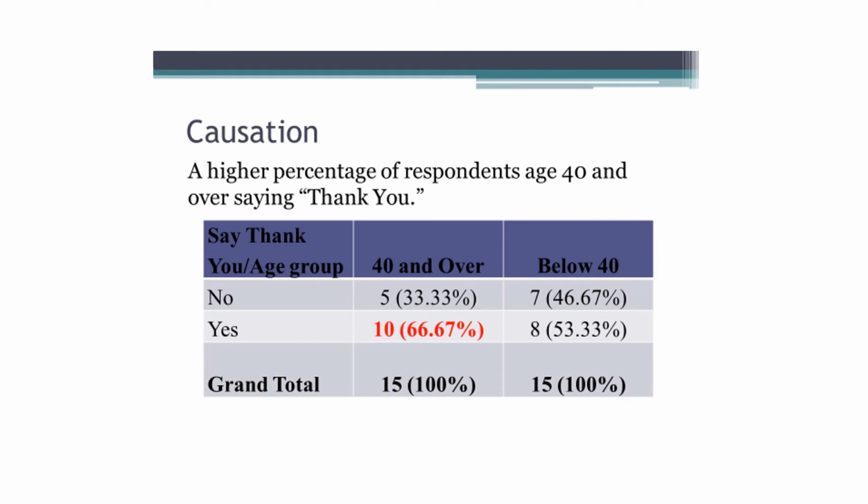We can just say that a higher percentage or more respondents tended to say thank you when somebody got the door for them. When we disaggregate our data, our sample by age, we see a more meaningful pattern.